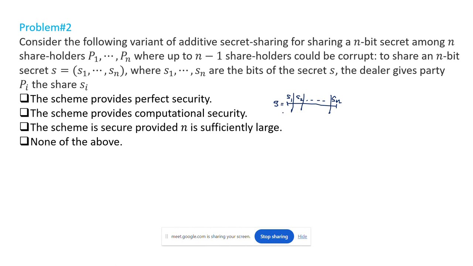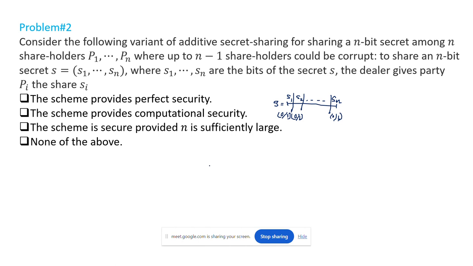They are nothing but bits. Each position holds either a bit 0 or a bit 1. This is the value of the secret. Now the secret sharing is simply that you are giving bit S1 to party P1, S2 to party P2, and so on, and you are trying to achieve some kind of additive secret sharing.